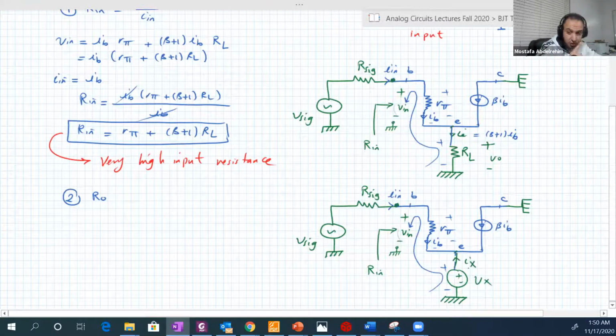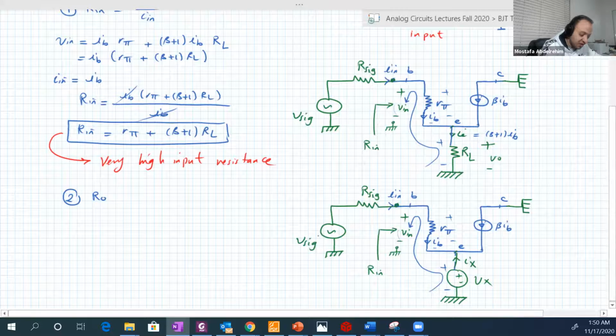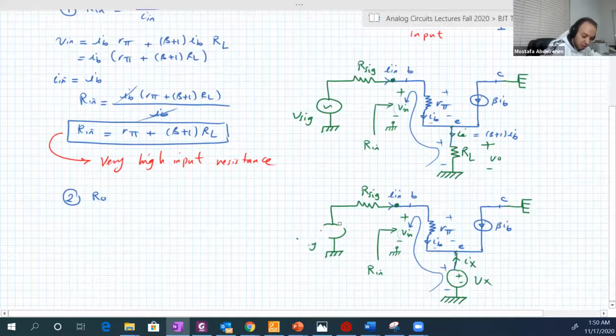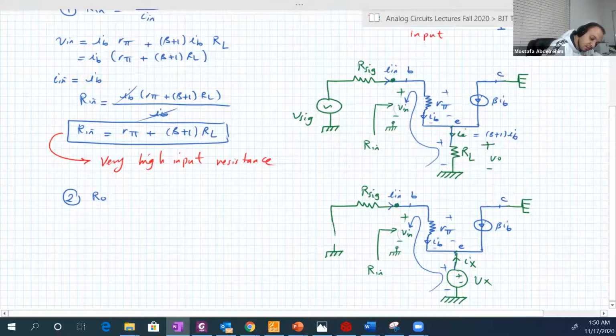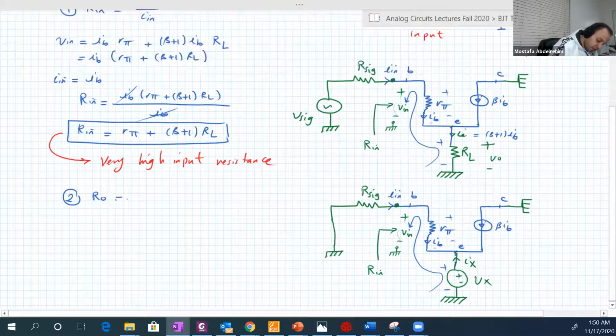And of course, don't forget to cancel the independent sources, which here is V signal. So we should cancel V signal by shorting it, replacing this with a short circuit. Okay, good. So RO is equal to Vx over Ix.